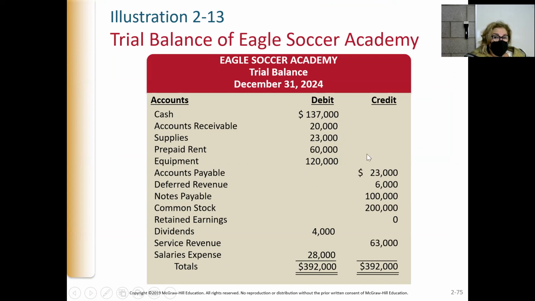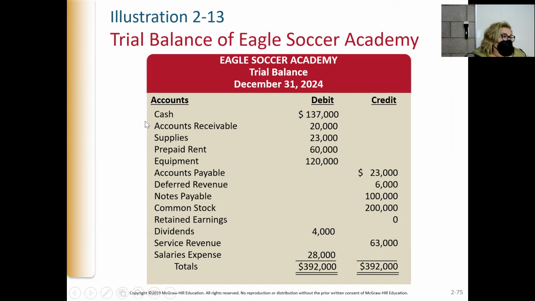Then we take our liabilities and we know they all have credit balances. Then we take our stockholders' equity, the common stock, and retained earnings. And then the last piece we do is we do our dividends, our revenues, and our expenses.